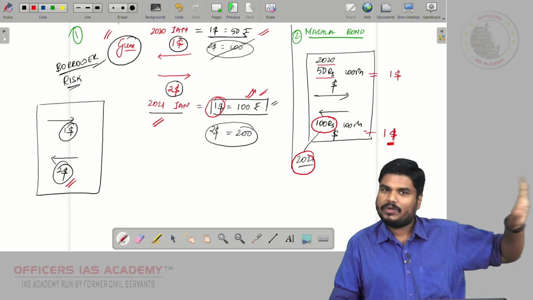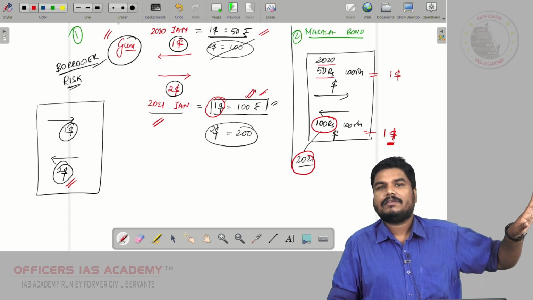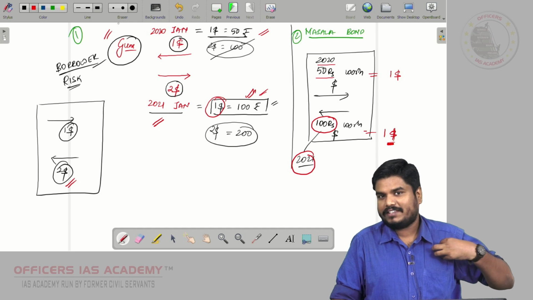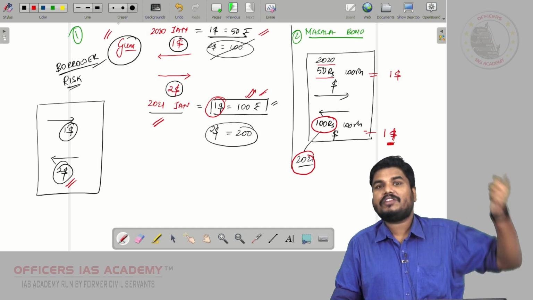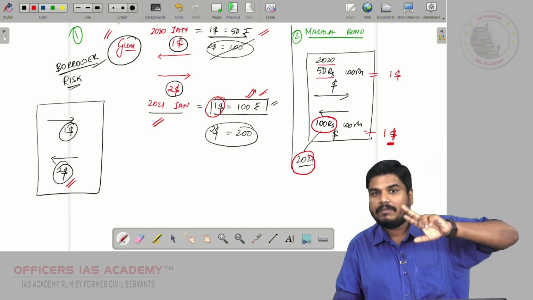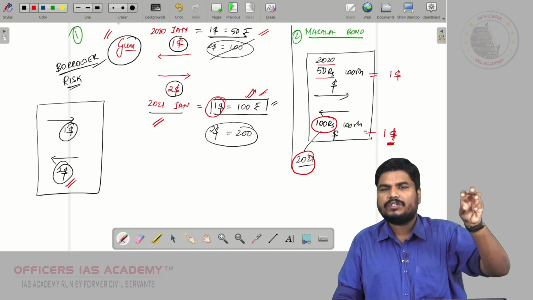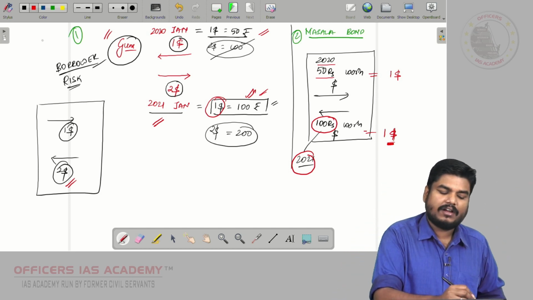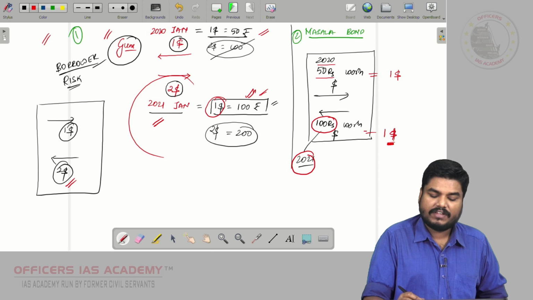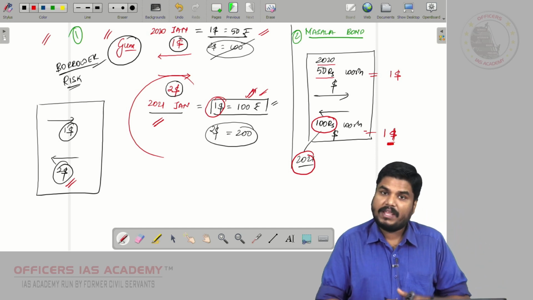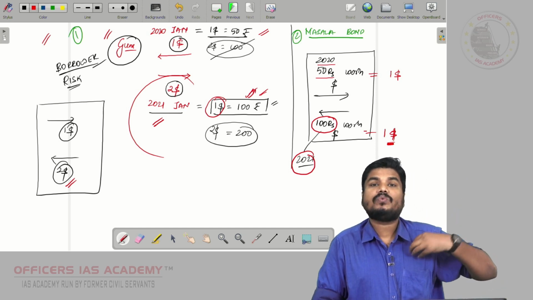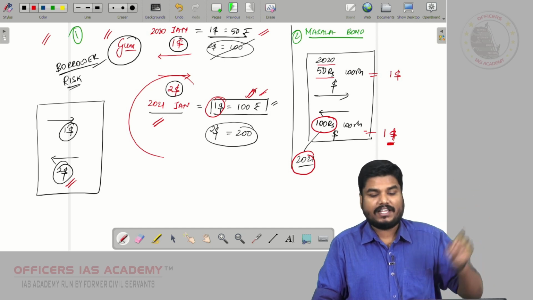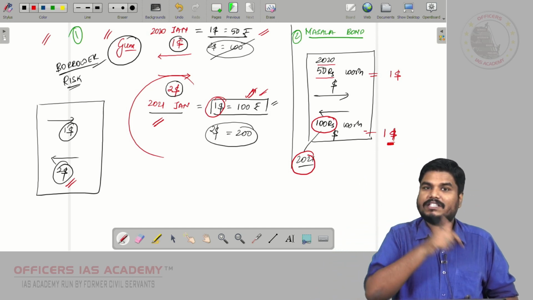Though I am paying $2 only in the first case also, look at the loss which I am facing. I borrowed $1, which is 50 rupees. I thought I will be repaying $2, which would be 100 rupees. Originally I thought so, but because of the currency fluctuation, I ended up paying $2 only, but I lost 200 rupees value in the first case. So, in the first case, the borrower is facing a risk.